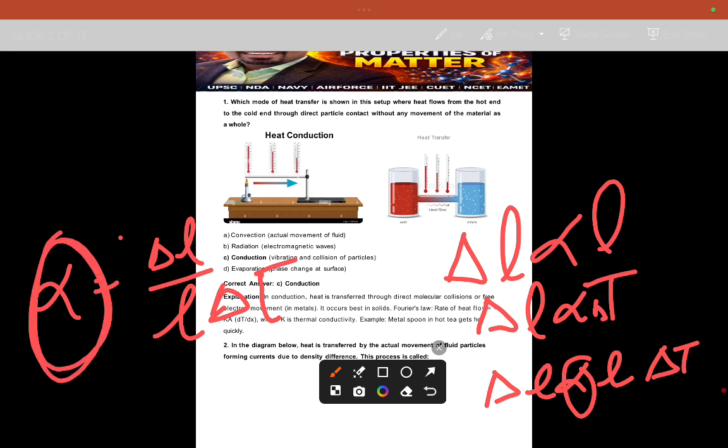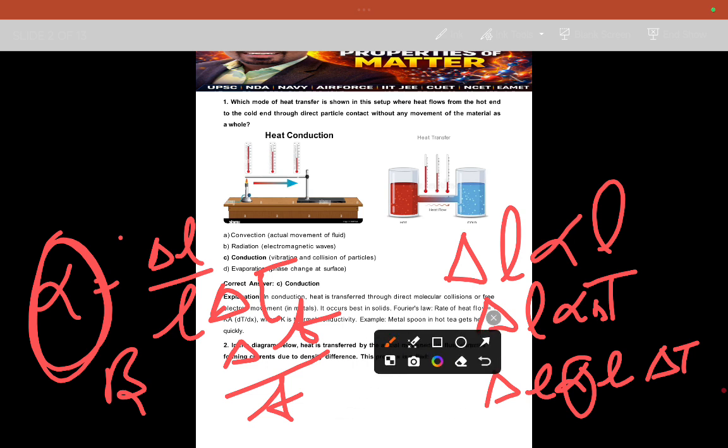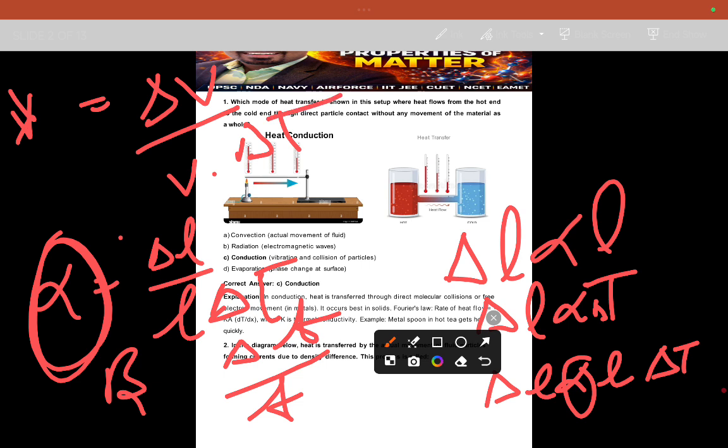Like that we have beta as well as gamma. Beta equals delta A by A into delta T. Similarly, for volume, gamma equals delta V by V into delta T. So like that we express the coefficients of expansion, alpha, beta and gamma.